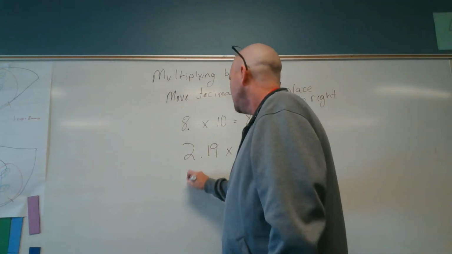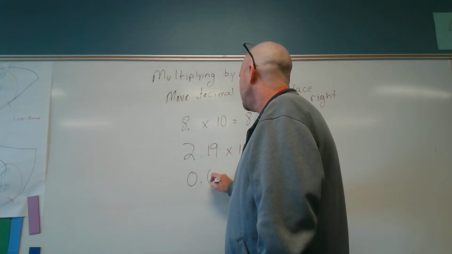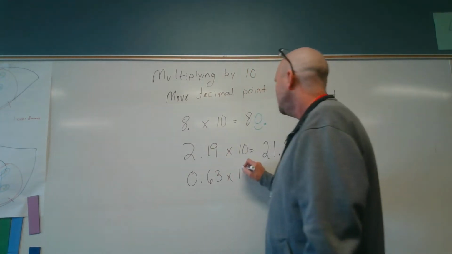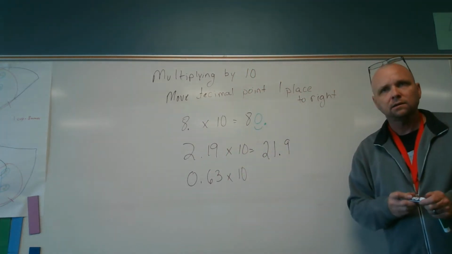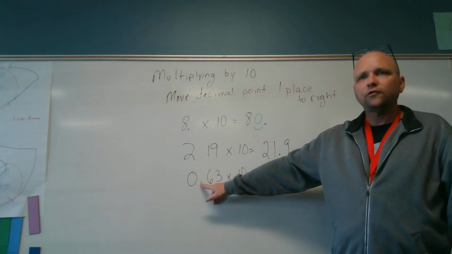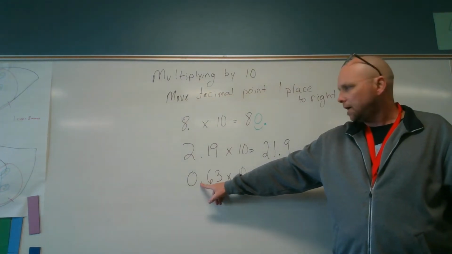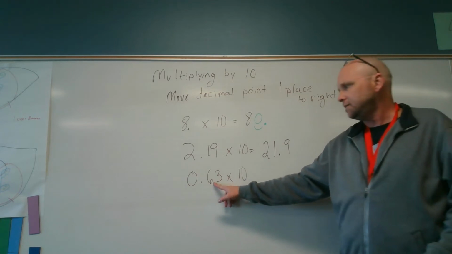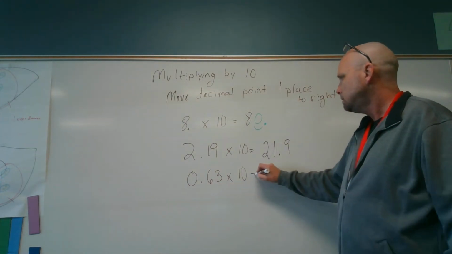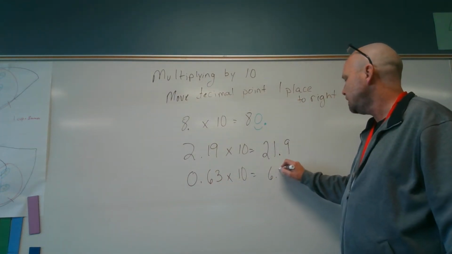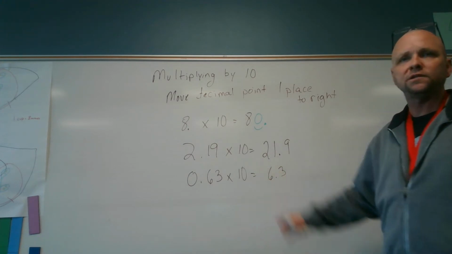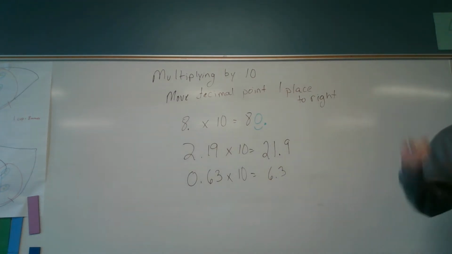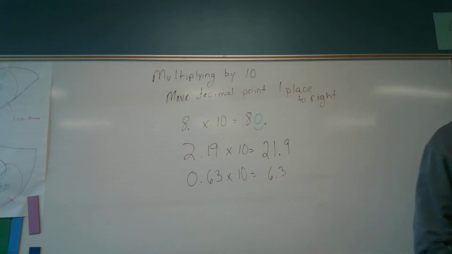If I had 0 63/100 times 10, I have to move the decimal point one place to the right. So it's behind the 0. Now it needs to go behind the 6. So I would put 6 3/10. Do I have to put 0 tens there? I mean, I have 0 $10 bills, I have 6 $1 bills, and I have 3 dimes.